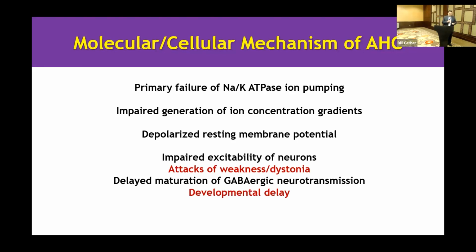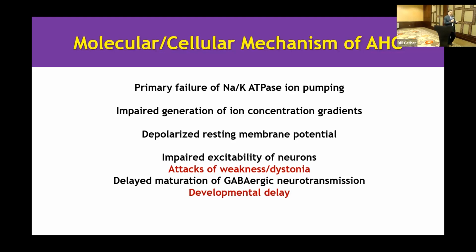And then the delayed maturation of neurons in terms of the GABA effect may be related to developmental or neurodevelopmental delay. And that would not be unusual for AHC. There are other conditions such as Fragile X syndrome where the same delay in GABAergic switch has been shown. So this is probably going to fall right in line with that.